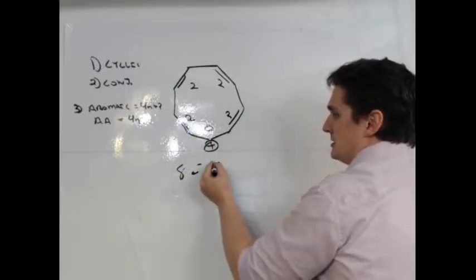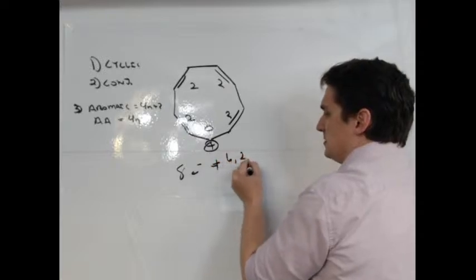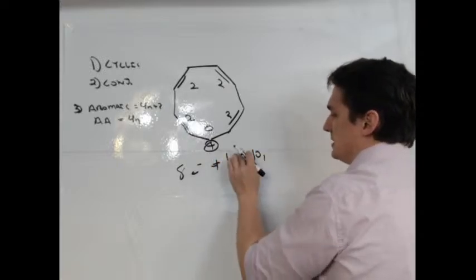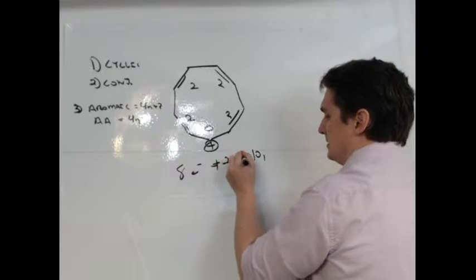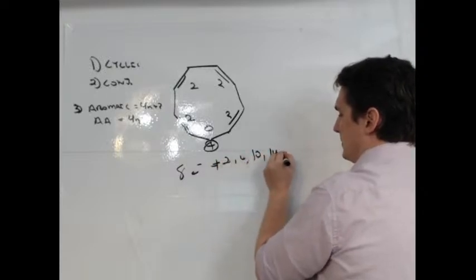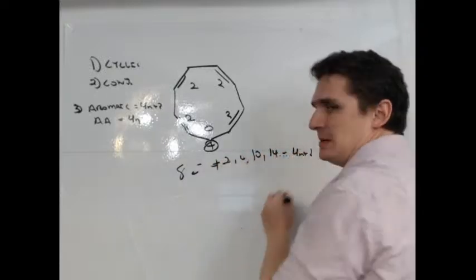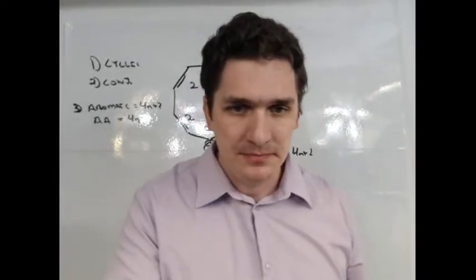Well, 8 electrons does not equal 6, 10, 14, which is your 4n plus 2. So this would end up being an anti-aromatic compound.